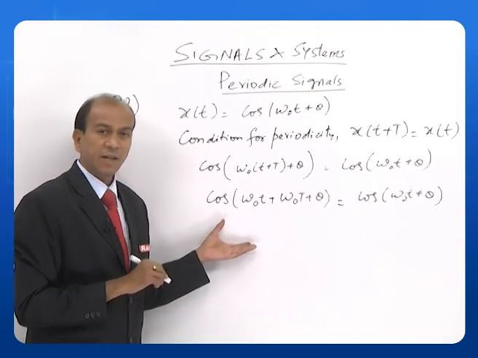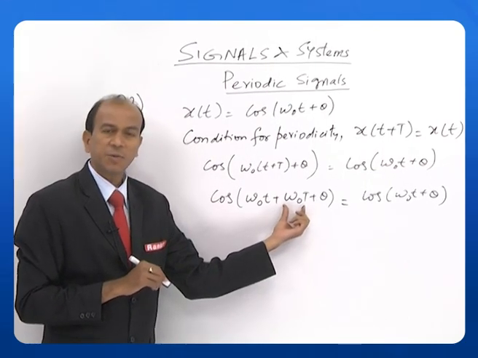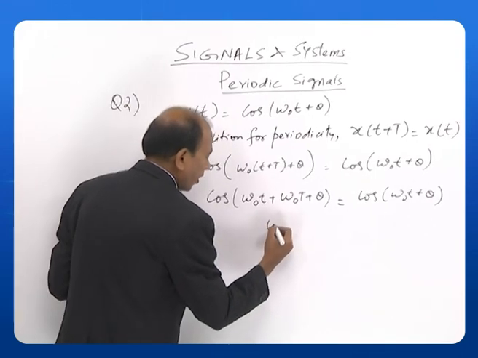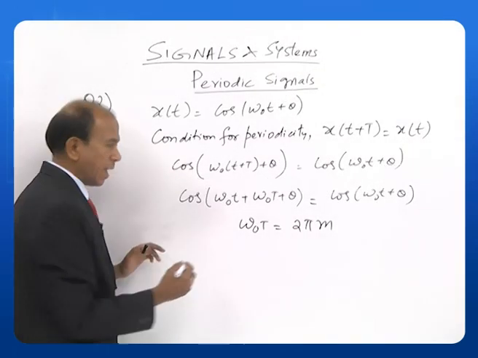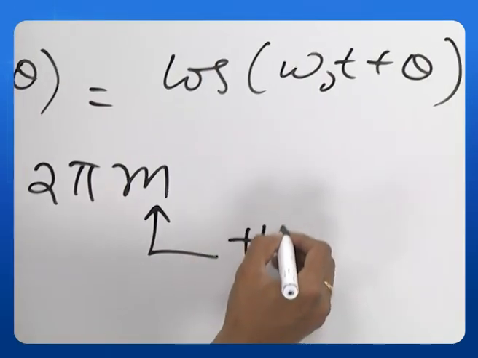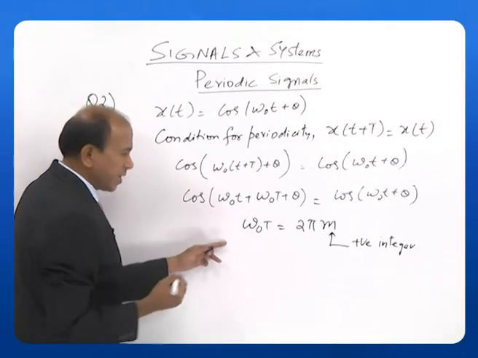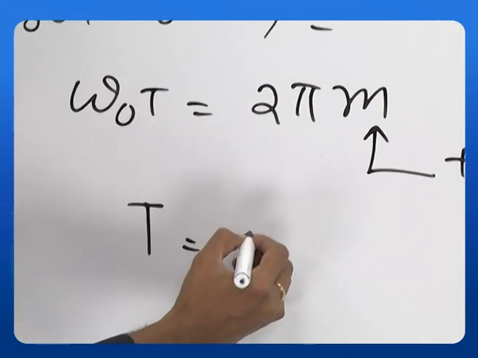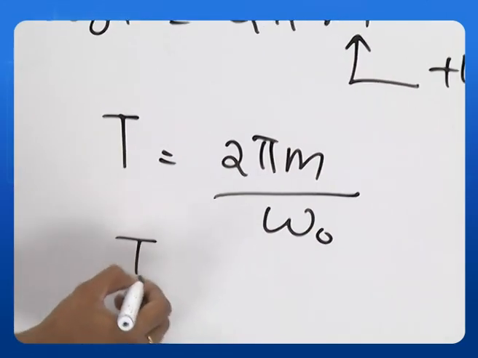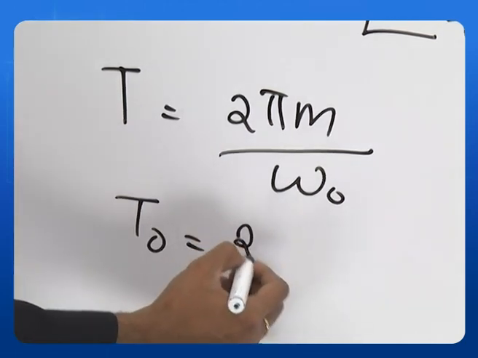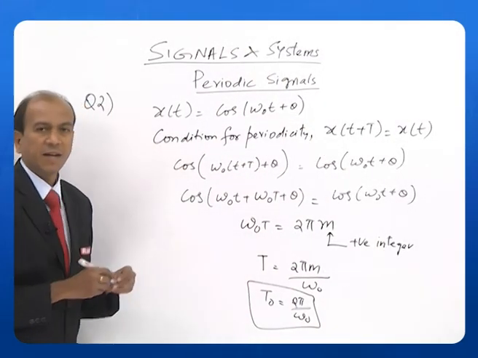So, for this condition to be satisfied, omega naught T must be equal to again 2 pi m, where m is again a positive integer. So, from this you can calculate T. T is equal to 2 pi m by omega naught, and the fundamental period t naught is given by 2 pi by omega naught. So, this is the time period of the given signal.